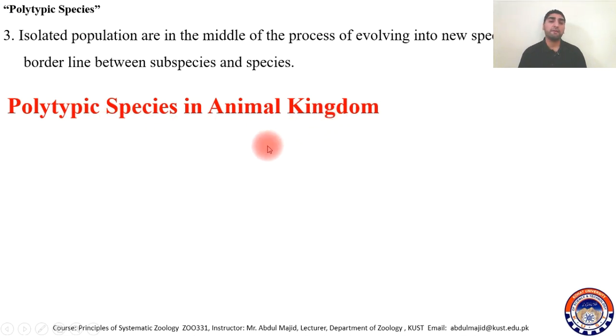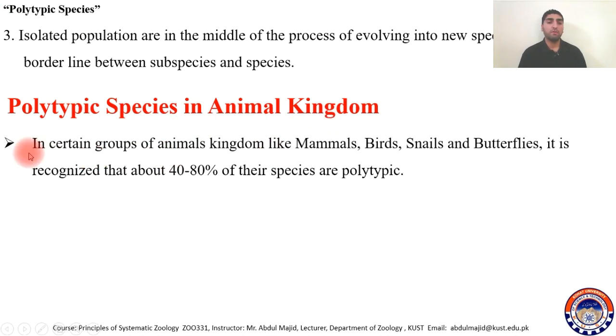Polytypic species in the animal kingdom. In certain groups of the animal kingdom like mammals, birds, snails and butterflies, it is recognized that about 40 to 80% of the species are polytypic. In bacteria, plants and protista there are also polytypic species, but we will talk about the animal kingdom.